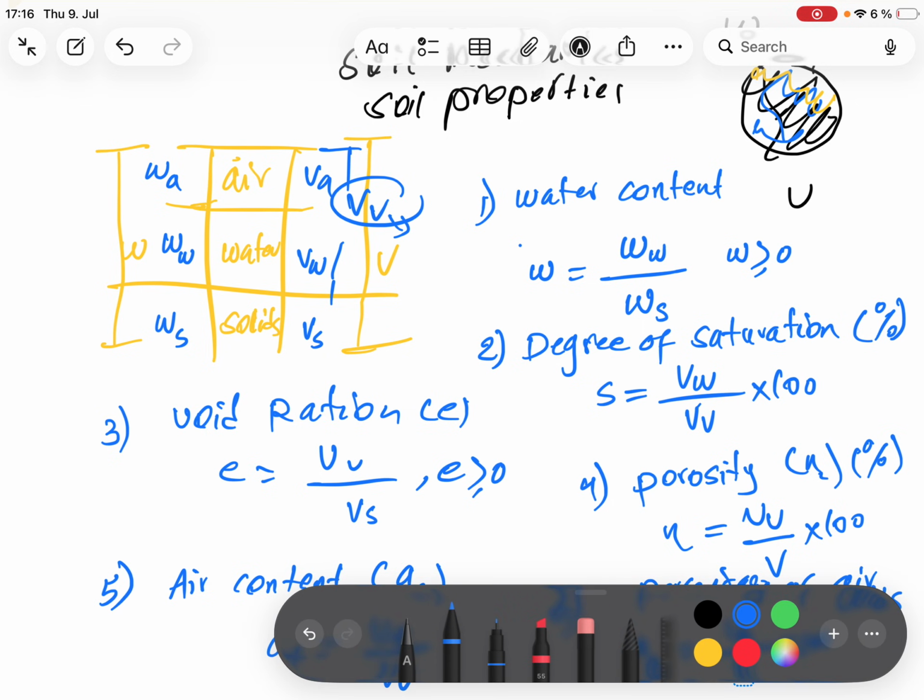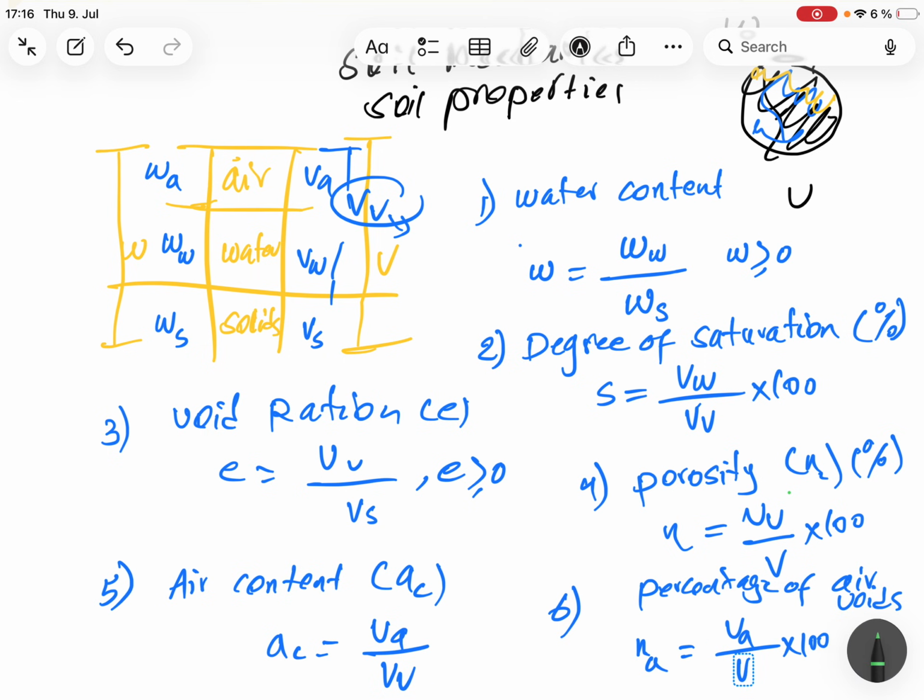So that's all the formulas related to the soil properties. You need to understand the water content is always greater than or equal to 0. The void ratio is very important, it's always equal or greater than 0.